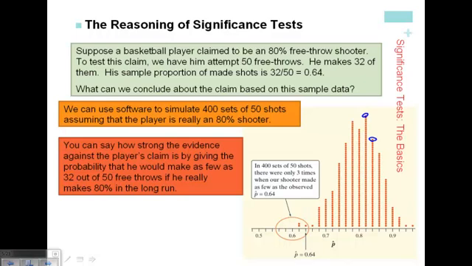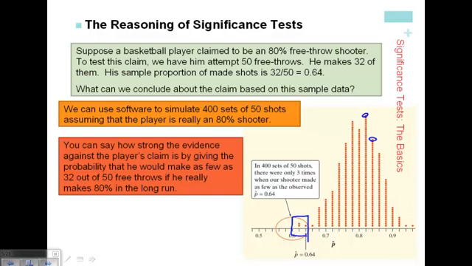Now, I ask the question, at some point, moving away from 40 out of 50, moving away from 80%, at some point we get so far below what's expected as part of the chance variation that we don't think it happened by pure chance alone. So I shoot 32. I get 64%. Look at this. Only 3 times in 400 does an 80% shooter make 64% or less.